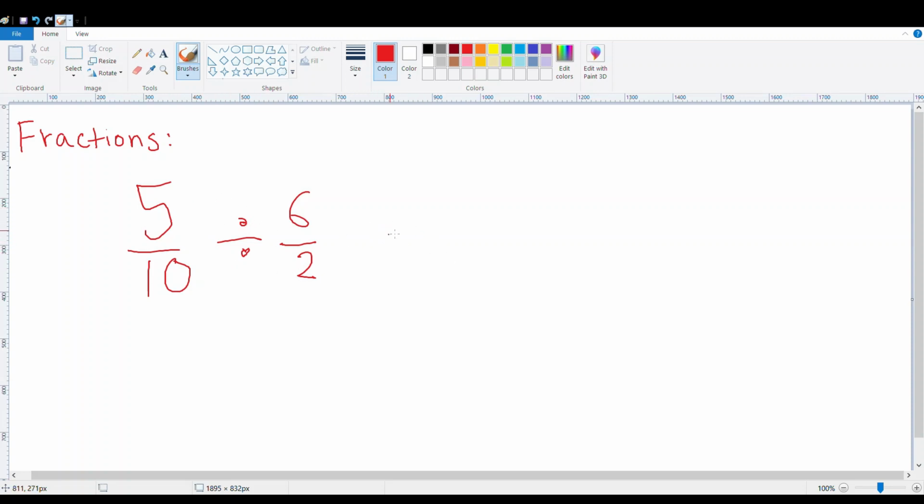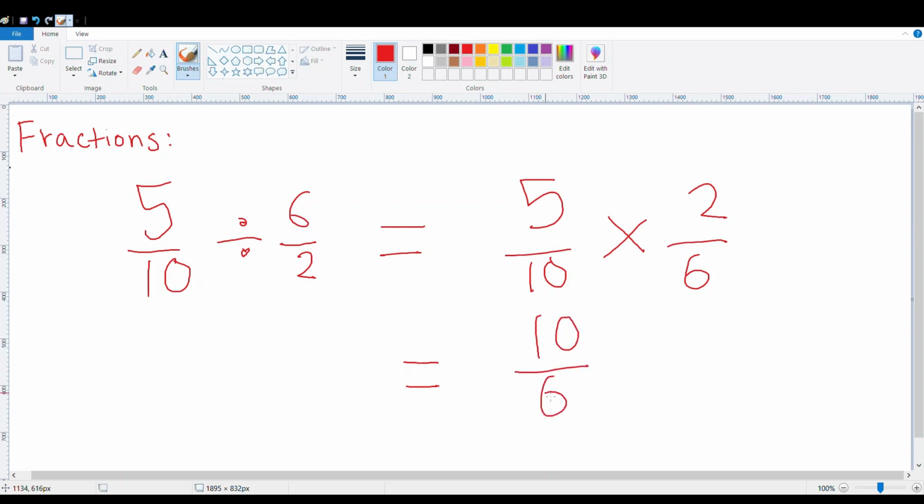First you need to find the inverse of the other fraction, so it becomes 5 over 10 times 2 over 6. When you find the inverse of this fraction, you can change the sign of the problem to multiplication instead of division. That's how it works. Now you can simply multiply the numerators and the denominators, so you get 10 over 60. Now you need to simplify by cutting the zeros, and then you'll get the answer as 1 over 6.